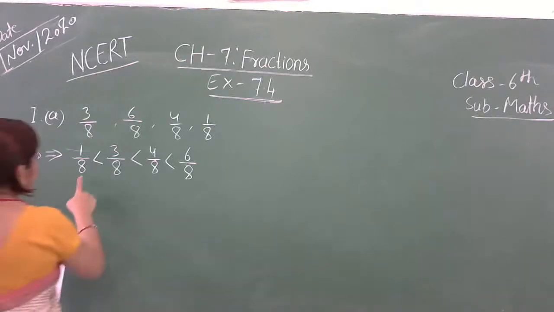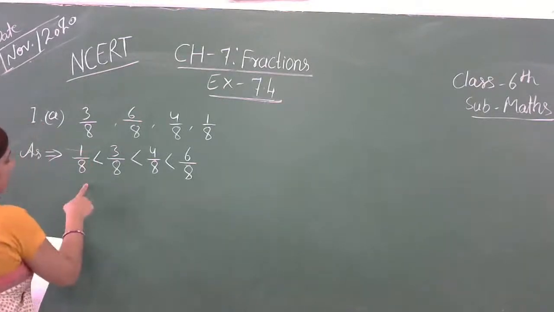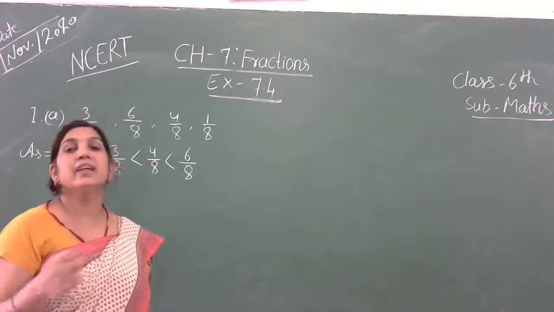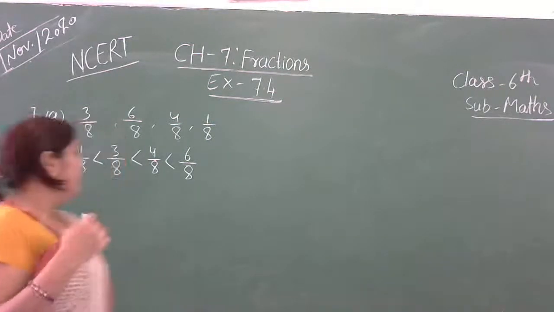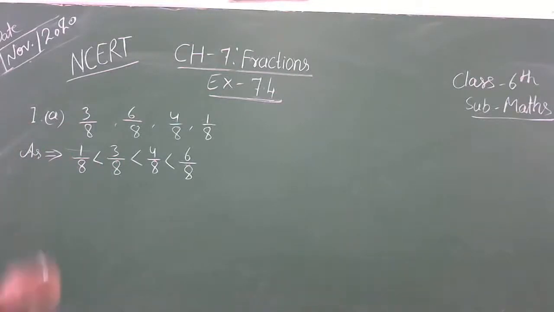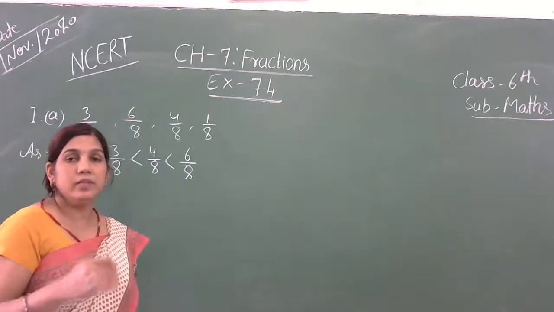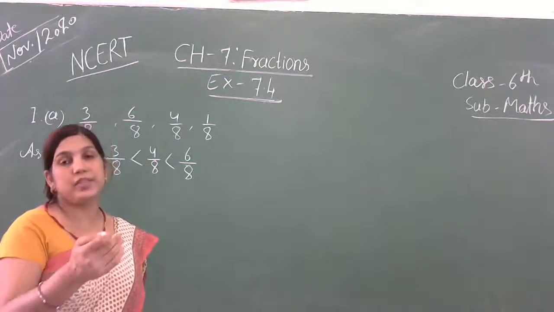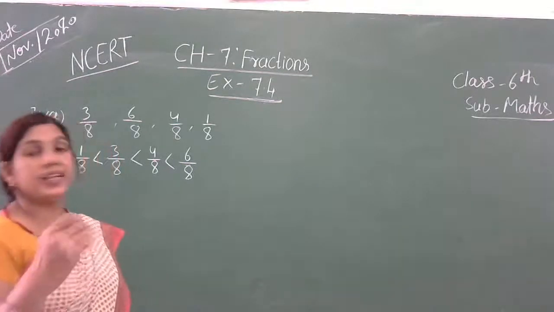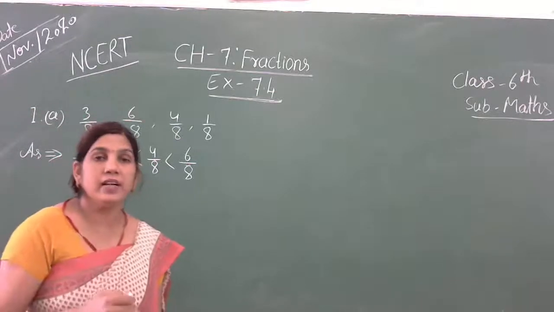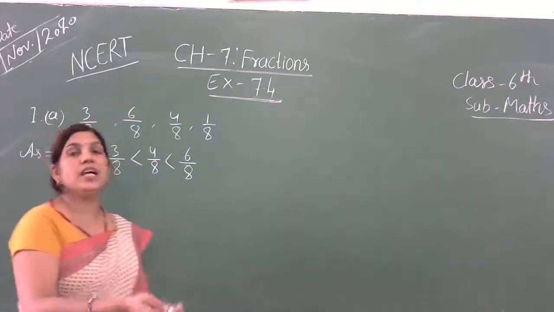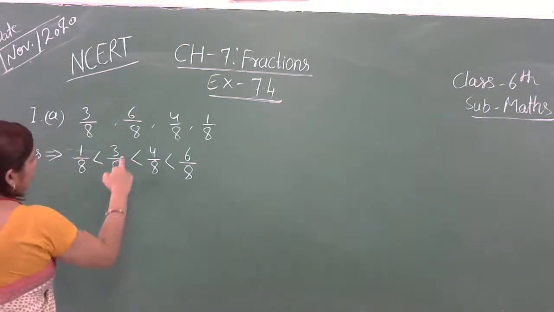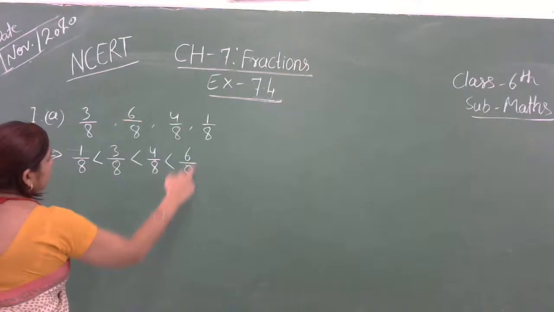Ascending order means, like 1 to 10. So in ascending, what do we do? Smaller to greater. You have to write it smaller to greater, and descending greater to smaller. So first 1 upon 8, after that 3 upon 8, 4 upon 8, 6 upon 8.